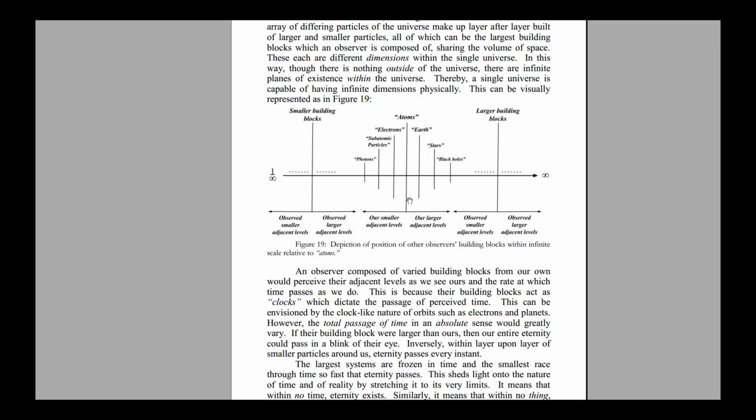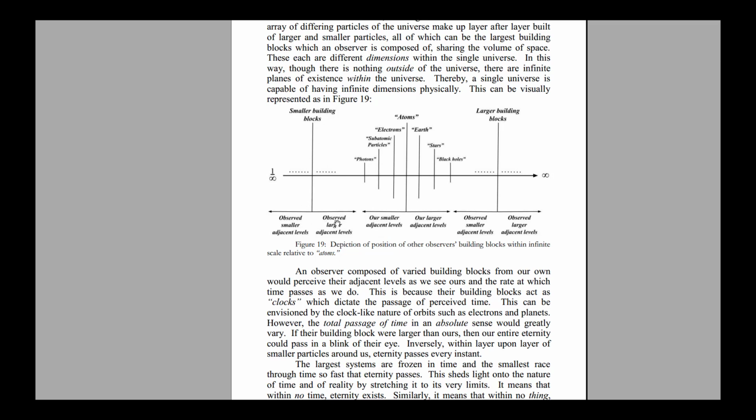So we happen to be composed of atoms, so we see our adjacent levels using these atoms, and so that makes us see Earth as Earth, stars as stars, electrons as electrons. But if we had any other building block, the adjacent levels to that building block would be seen exactly the same. We would see the building block as our atoms.